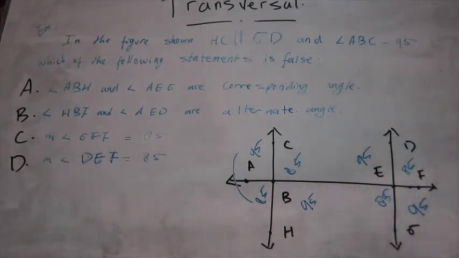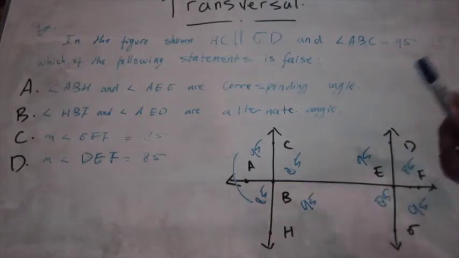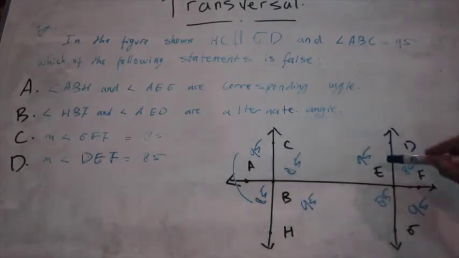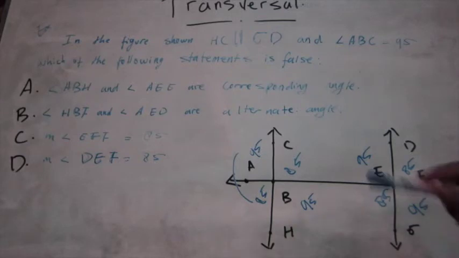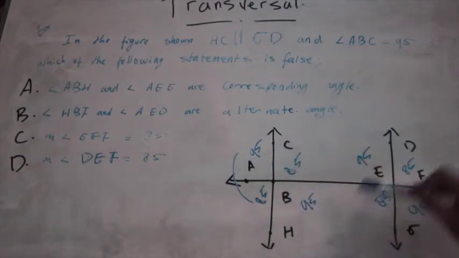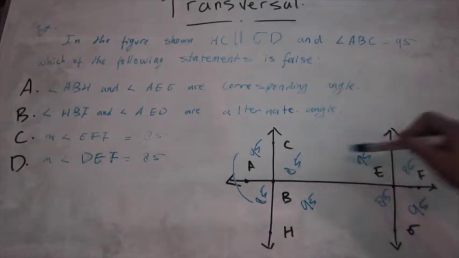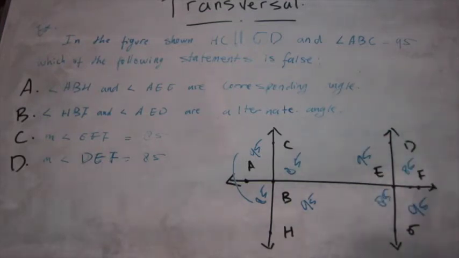Then let's talk about the statements now. Let's see A. It says that angle ABH and AEG are corresponding angles. Let's see. ABH is a corresponding angle to AEG, and that's right.